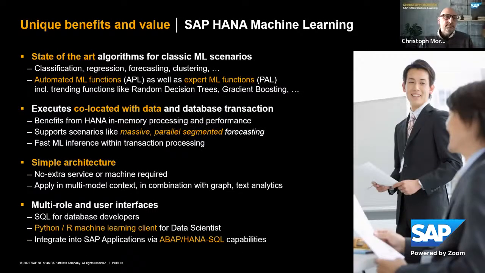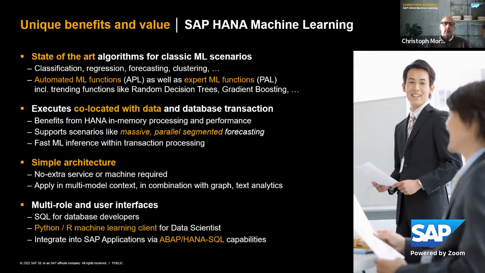And overall, the benefits and unique value of SAP HANA machine learning is certainly that you can bring the algorithms to the data. You don't need an extra infrastructure to apply machine learning to your data. You can directly add this capability to the core of your applications, running co-located with the data in the SAP HANA database, and we ensure that the algorithms we provide are best in class regarding performance and also low memory usage.